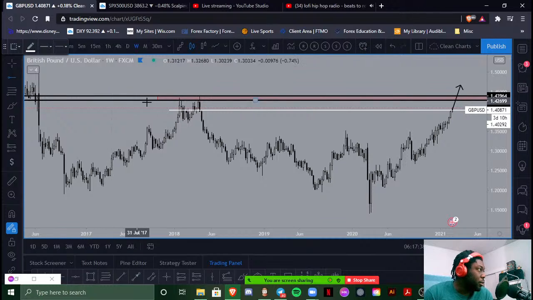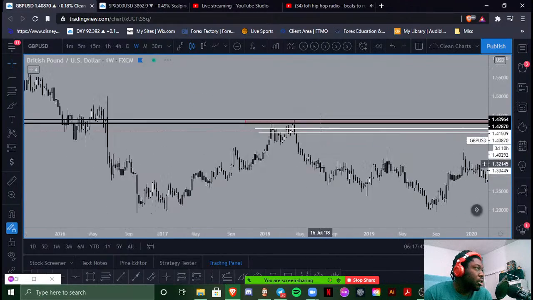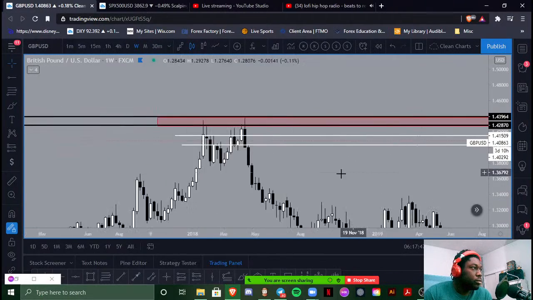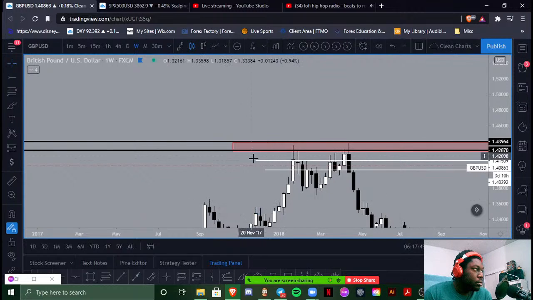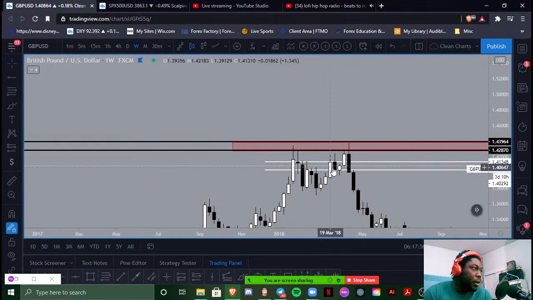Let's see real quick, actually, because if I put the support line right here, and we go even closer to right here, we can see that there are wicks thrown up here at one point in time that made price reject from going to the upside some more.